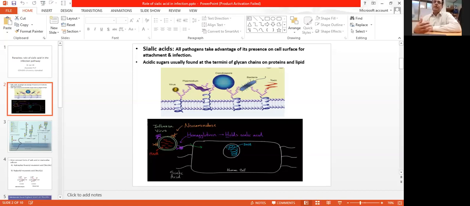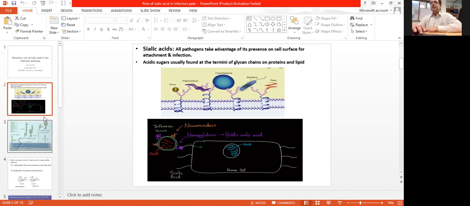For instance, plant cells don't express sialic acids on their surfaces, or you can say they don't have sialic acids, but animal cells do have sialic acids, and there are different types of these sialic acids.